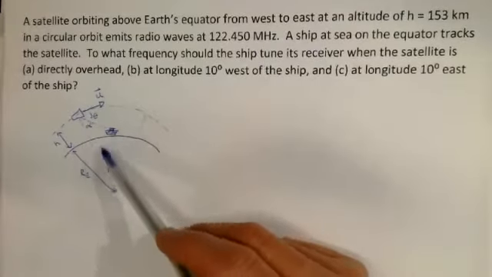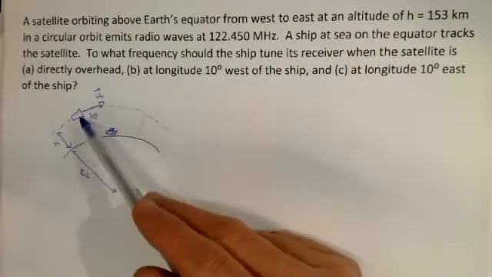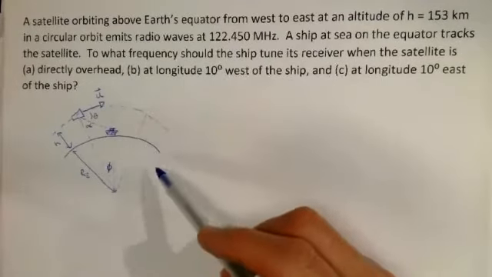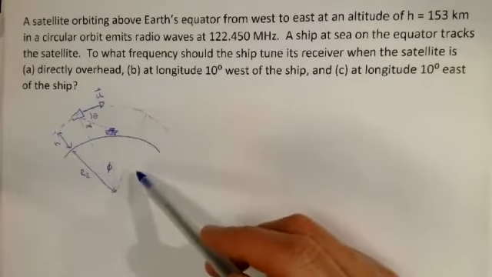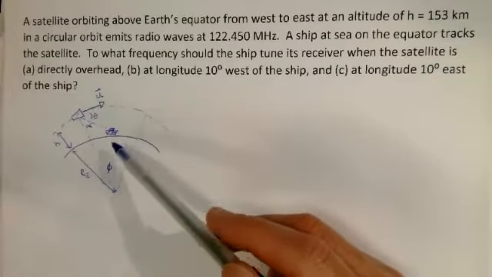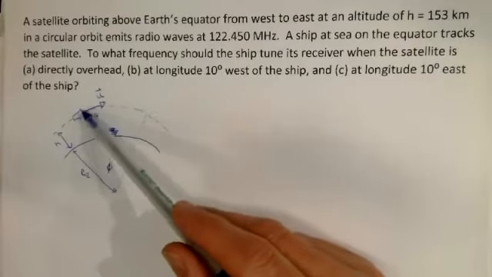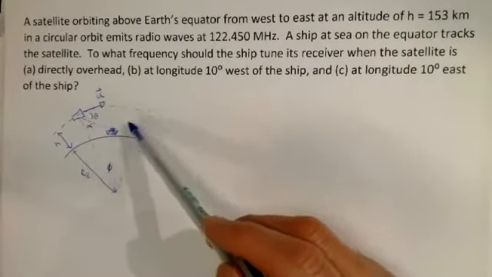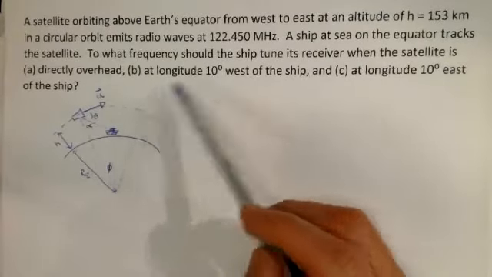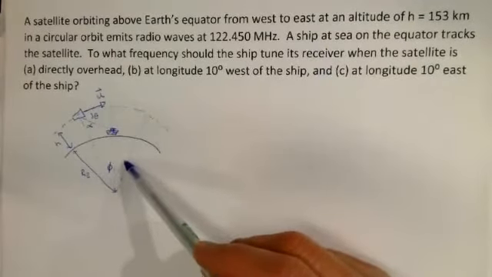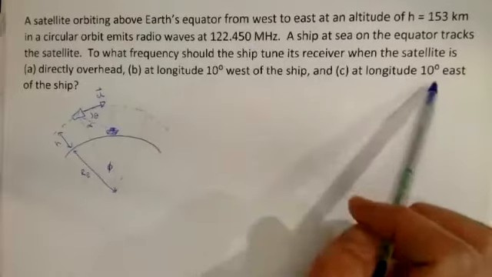So when phi is 10 degrees to the west, and then part C when the satellite is at an angle phi 10 degrees to the east of the ship.